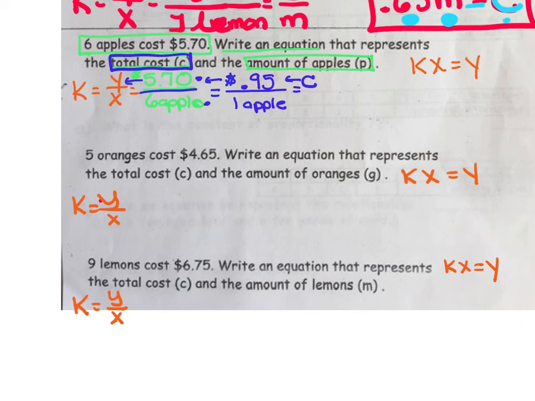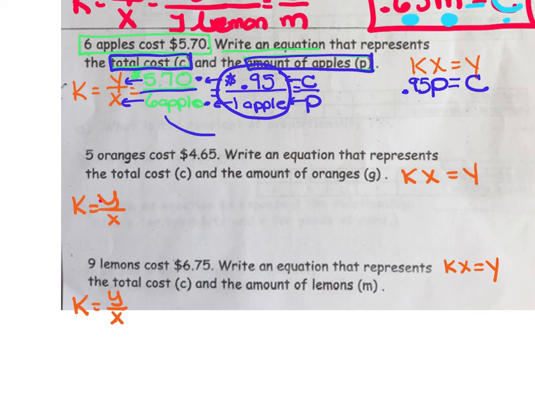The C variable takes the place of the Y variable, total cost. And in the bottom of our ratio, you can see that that's the amount of apples. So the variable P represents apples, or in this case, X. So we will use the variable P. And our unit rate, our cost per one apple, 95 cents. So after calculating the unit rate, we can write our equation.